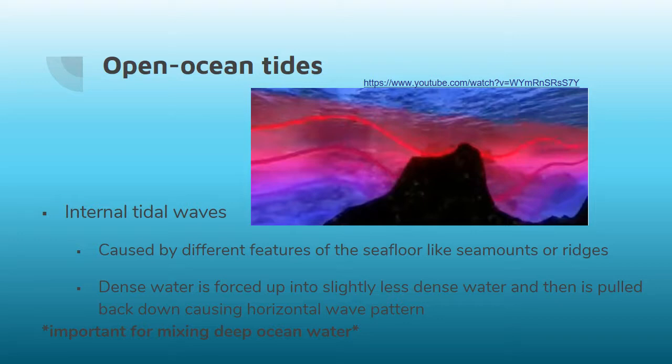And you can see that in the image above. There was a video showing this. This is a clip from the video, and it's just a really cool image, with the colors showing the different density in the water and what's causing this internal wave. And these internal tidal waves are very important for mixing deep ocean water.